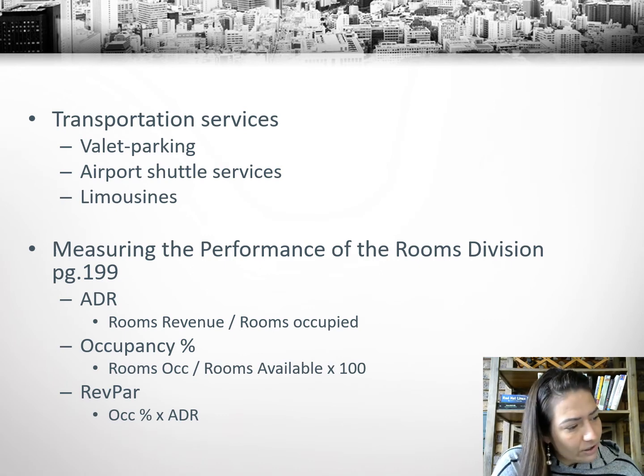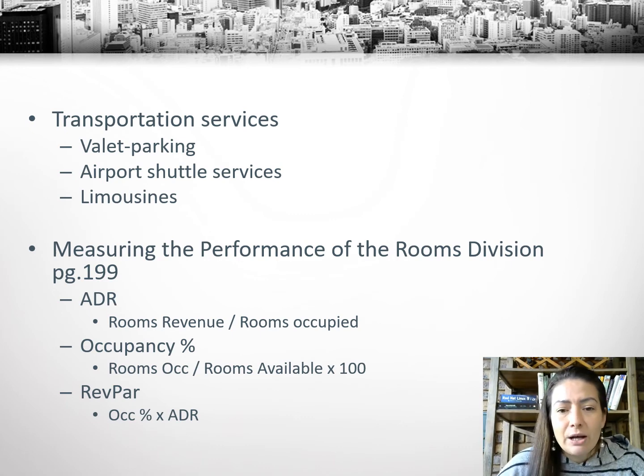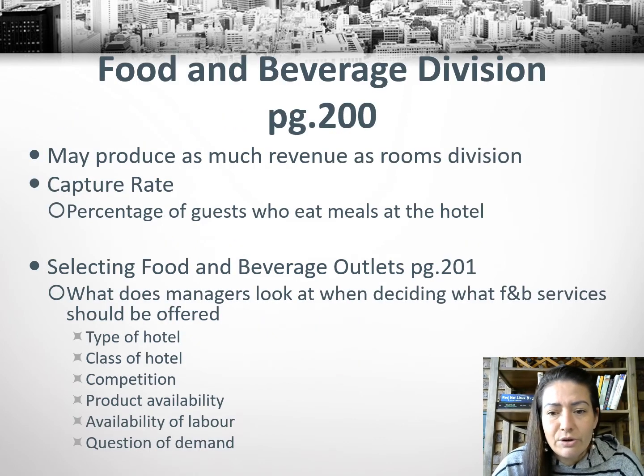So your RevPAR would have been 119. How do we ask this in exams or in a test? You would get the numbers just like that, and you would then just choose the right answer. So you have to know your formula.